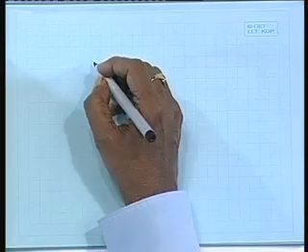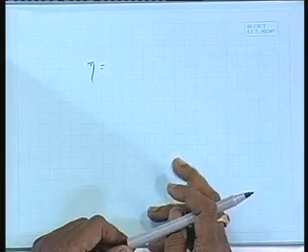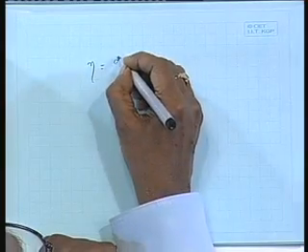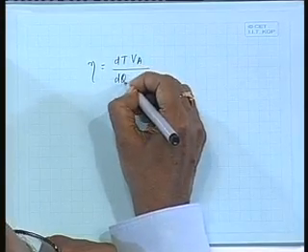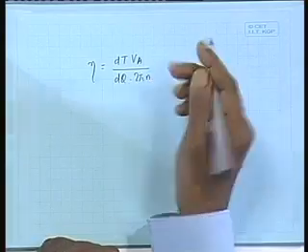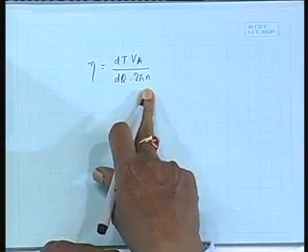Efficiency. What will be the efficiency? It is very simple now, really. dT into Va divided by dQ into 2 pi n, which is the omega of the disc, rotating at n rpm.